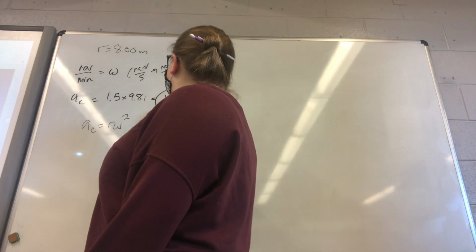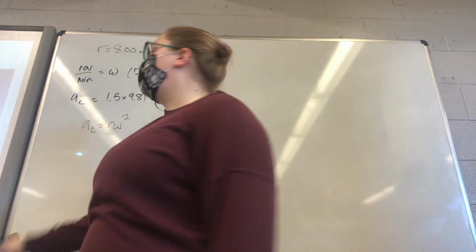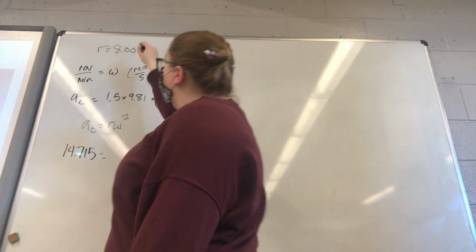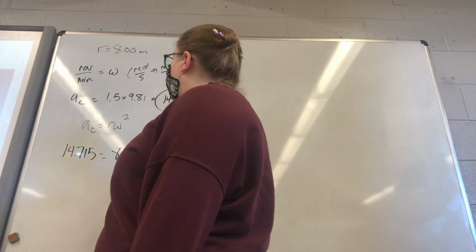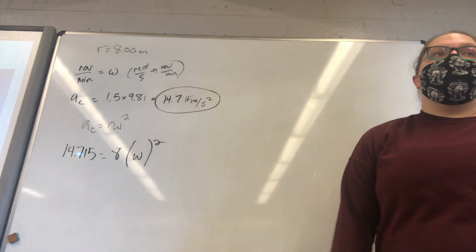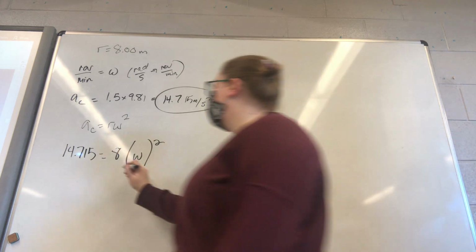AC was going to be this. Do you agree? Okay. R was given in meters, so I don't have to convert it. And W squared. Okay.